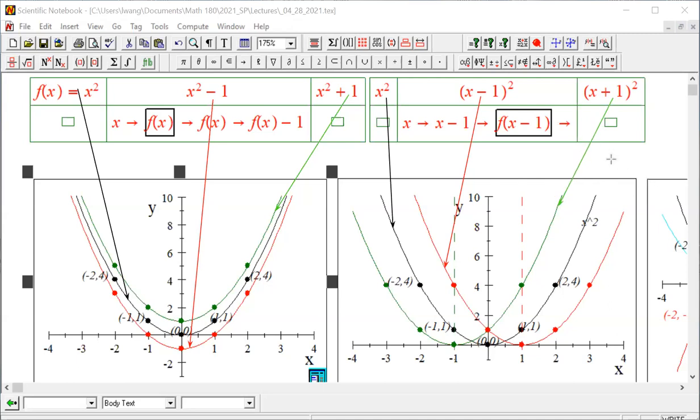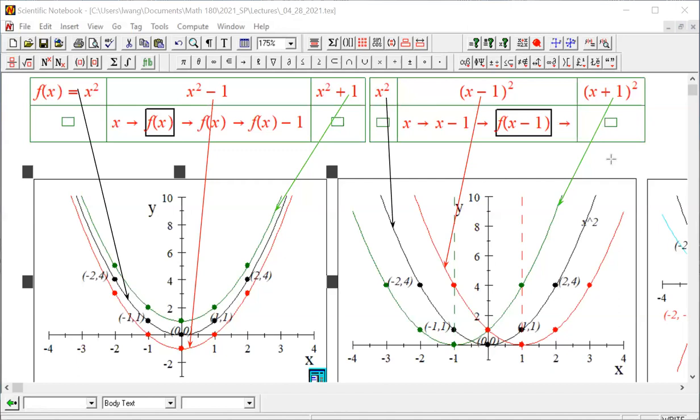Agree? Is that what we did? With that behind us, we're going to work on 2 to the power x and the shifting. And we'll see what we get. I hope at the end of it, you're going to tell me, oh, it's so easy. And I'm sure that's what you're going to tell me.